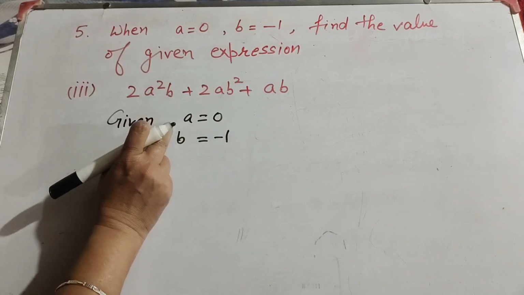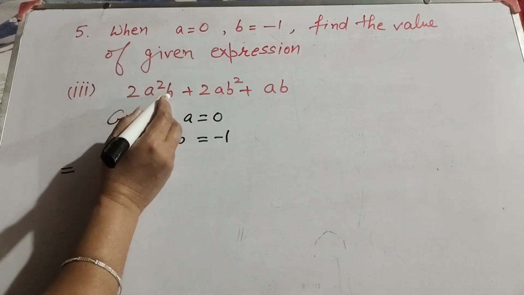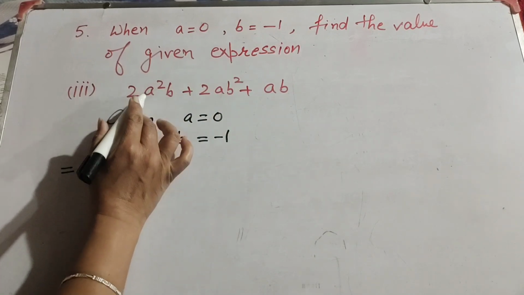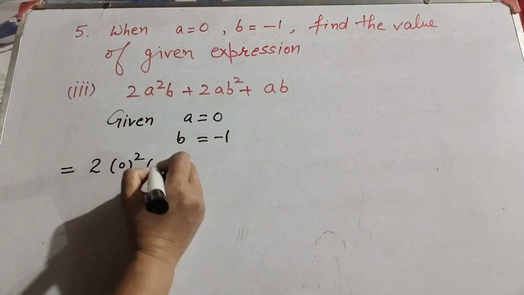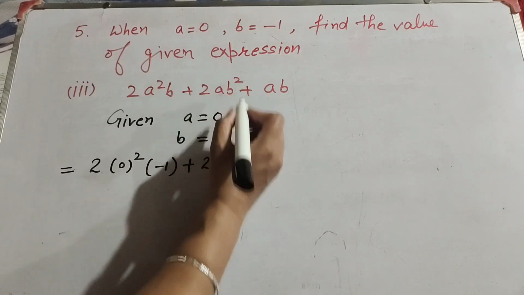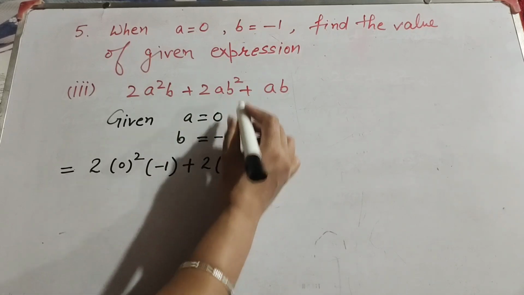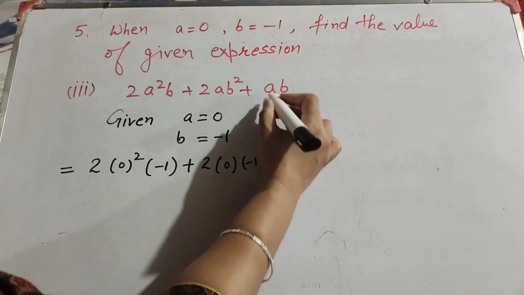Now we find the value of the expression. So it is equal to 2a square b. 2 into a square, a equal to 0, it is 0 square, b is -1, plus 2ab square. A is 0, 2 into 0, b square, b is -1 square, plus ab.